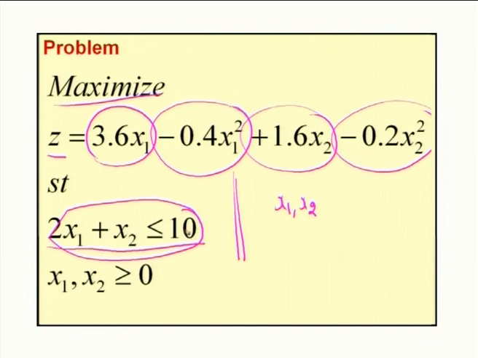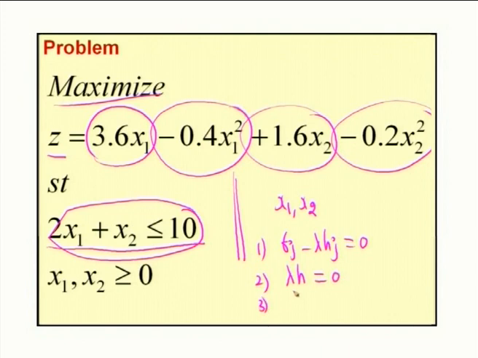By converting this inequality constraint into an equality condition, we get the Kuhn-Tucker conditions, which are the necessary conditions for solving this problem. The Kuhn-Tucker condition for this problem is f j minus lambda h j equal to 0. This is the first condition, and the second condition is lambda h equal to 0.